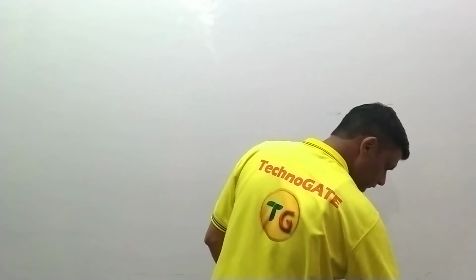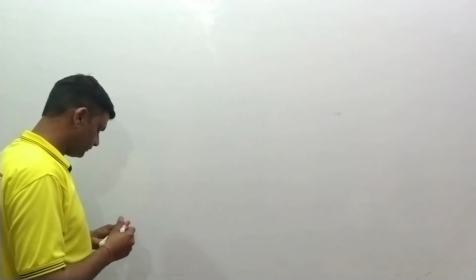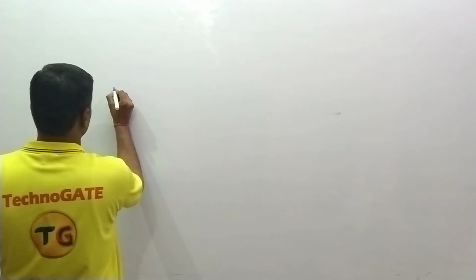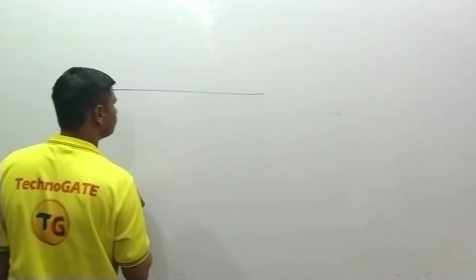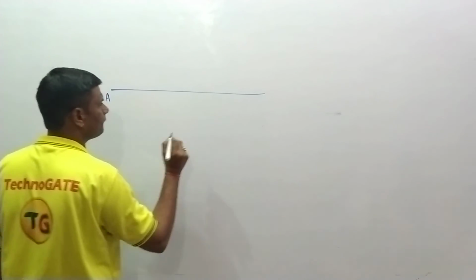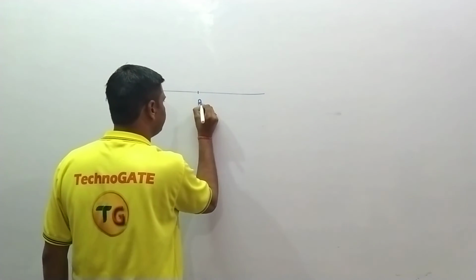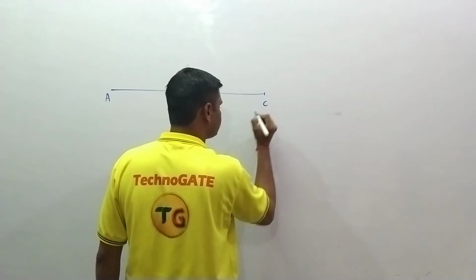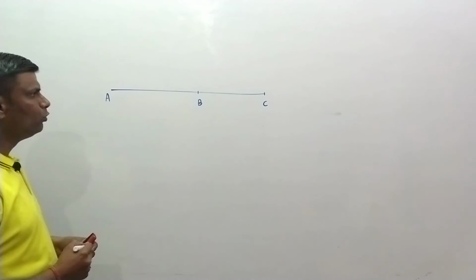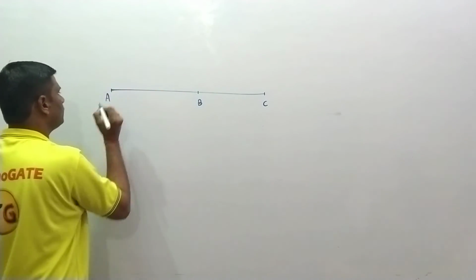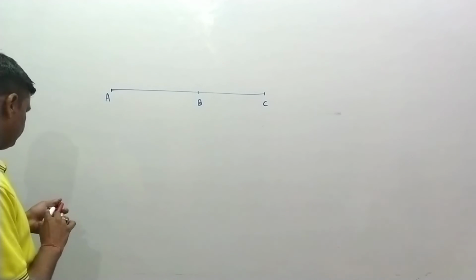Okay, let's discuss. This is the member AB. This is A, this is B, and this is C. Now initially draw the end moment diagram.